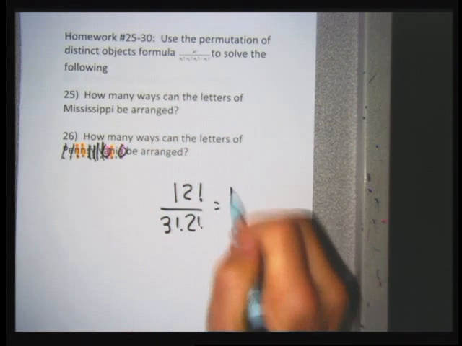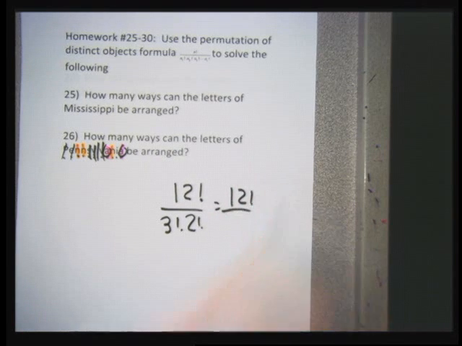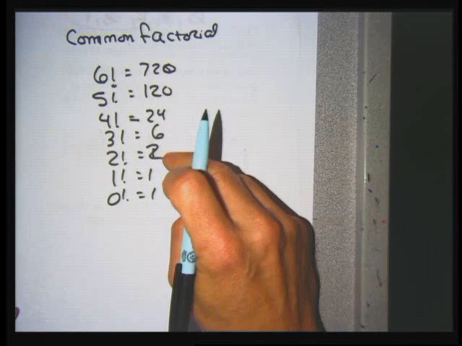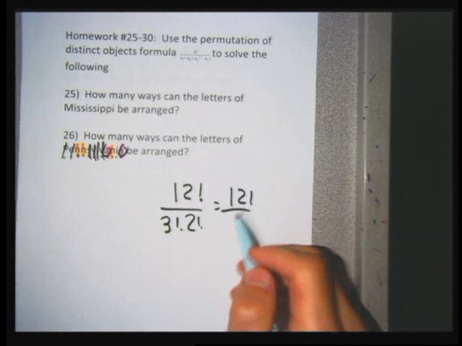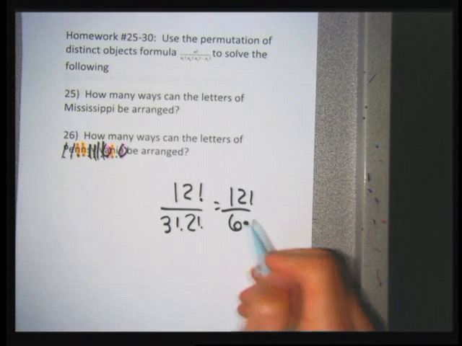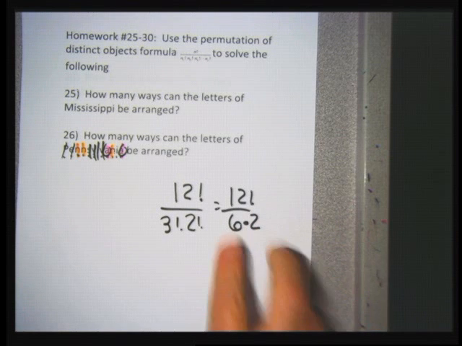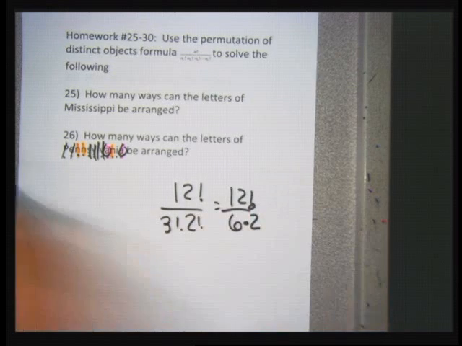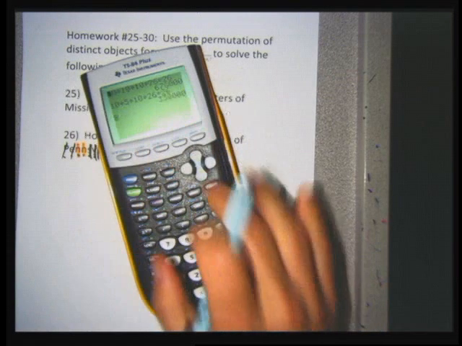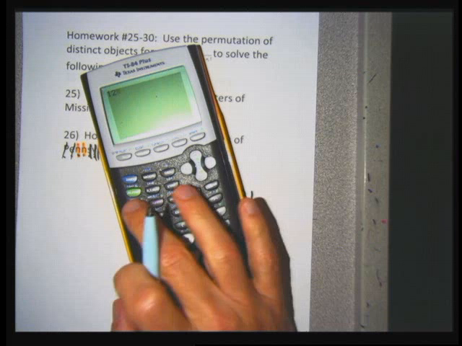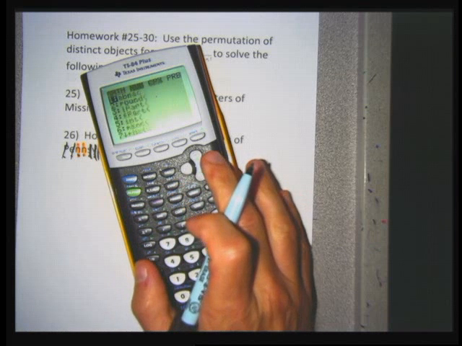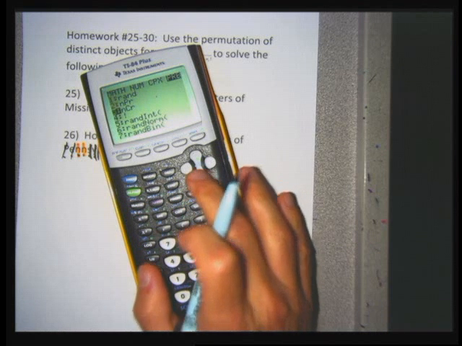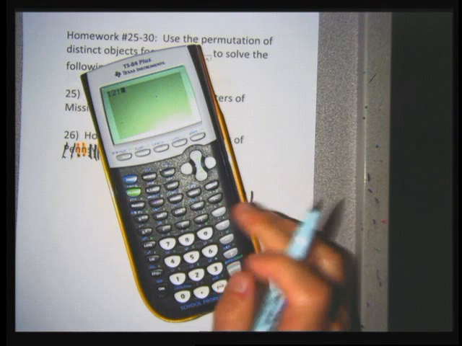And I'd like to know what the denominators are, and I have this sheet here. 3 factorial is 6, 2 factorial is 2. So in my denominator, I'm going to change this to 6 times 2. And I'm going to enter this on my calculator so I don't have to enter so many factorials. To do 12 factorial, I go 12, hit the math key, go over to PRB, down to factorial, and then divided by parentheses 6 times 2.